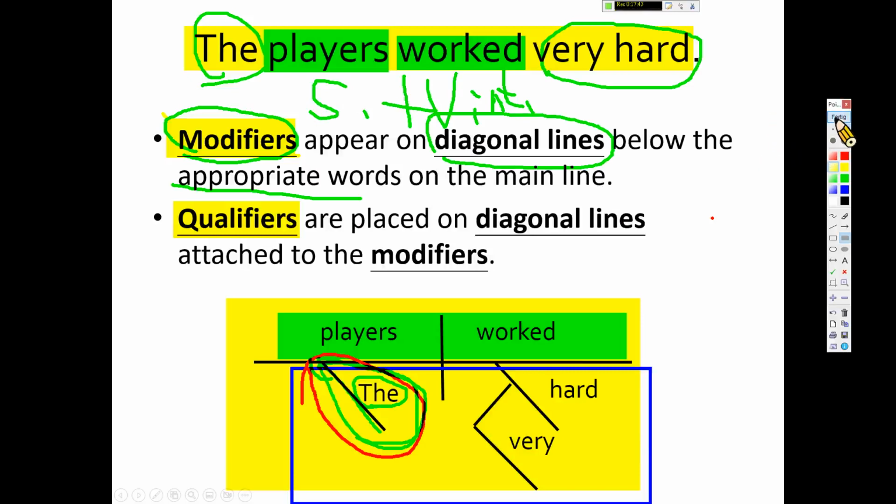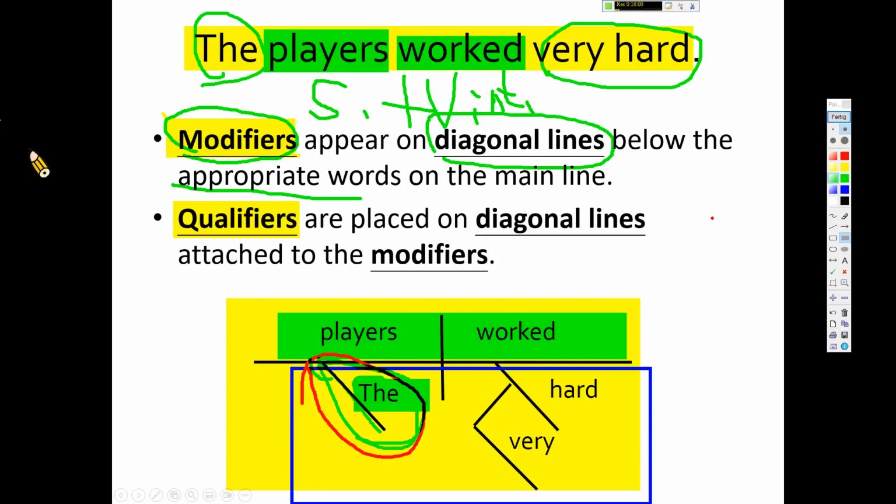In this chart, we know the prayers worked hard. So prayers worked, right? We have a modifier the used to modify prayers, but worked, actually, which word? We have very hard combined together to modify worked.